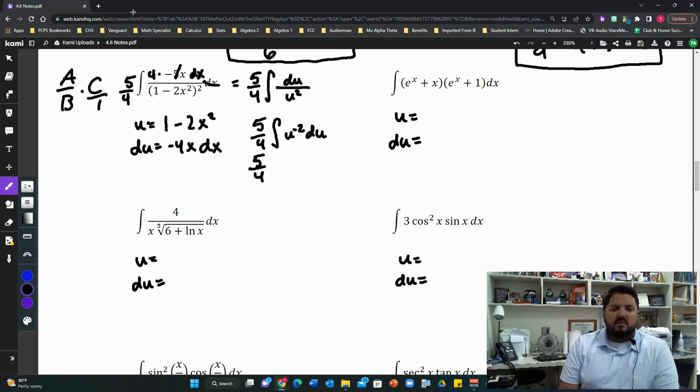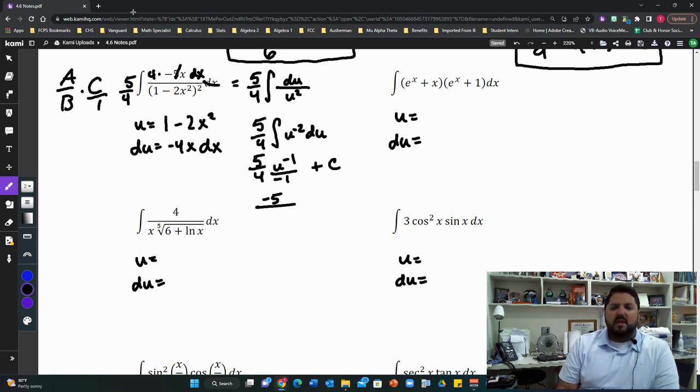All right, now we do our calculus. Again, we haven't done any calculus up to this point. So adding 1 gives me u to the negative first, divided by negative 1, and divided by that new power, and then plus c. So really, dividing by negative 1 just makes this whole thing negative. We don't typically like the negative sign in the bottom of a fraction, so I'm going to move it up top. 5 divided by negative 1 is still just negative 5.